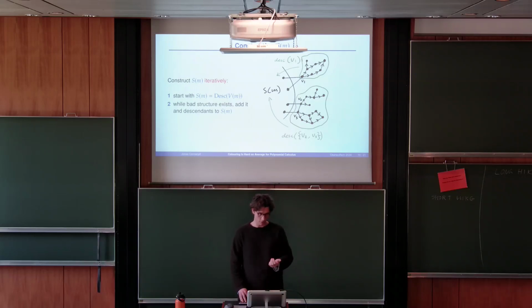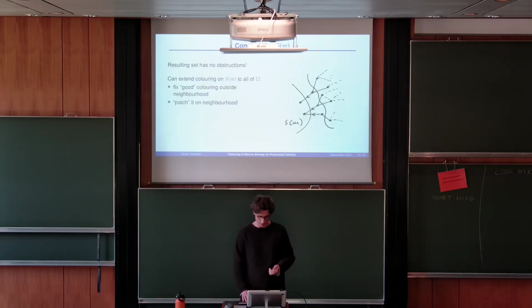This gets rid of the small neighbors. And then while you see one of these bad structures, you just add that bad structure as well as all of its descendants to our set S of M. This maintains the invariant that there are no smaller neighbors, and eventually you will have gotten rid of all of the obstructions. The resulting set looks something like this.